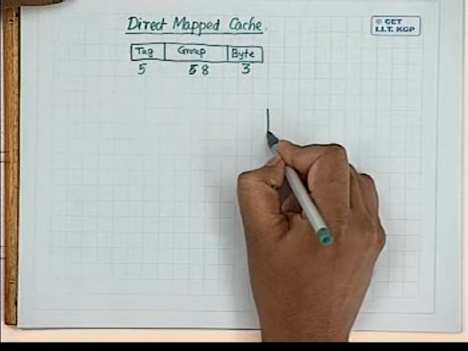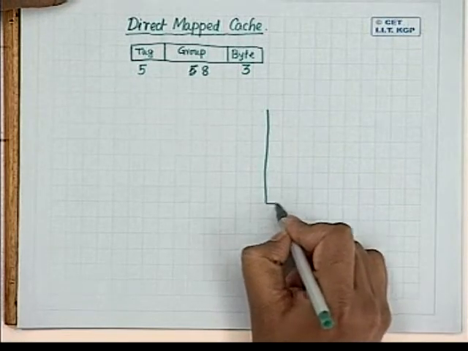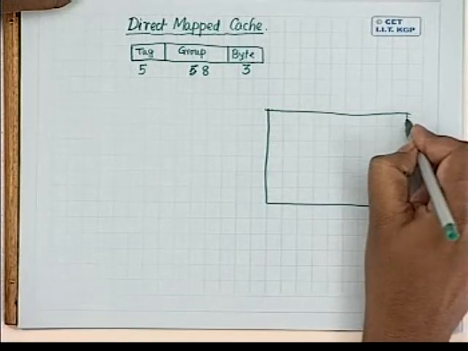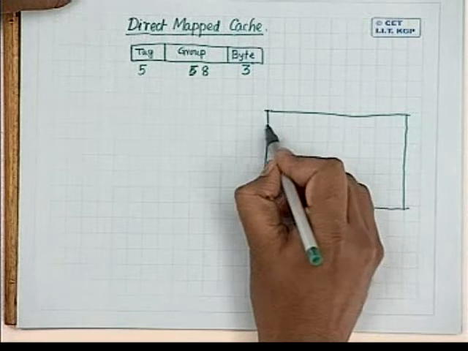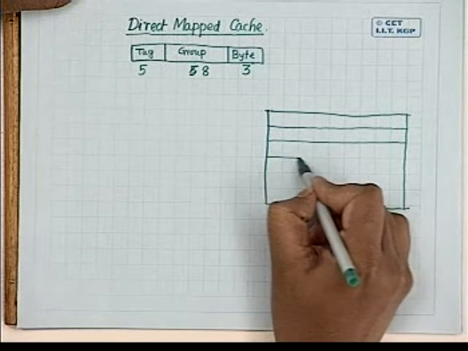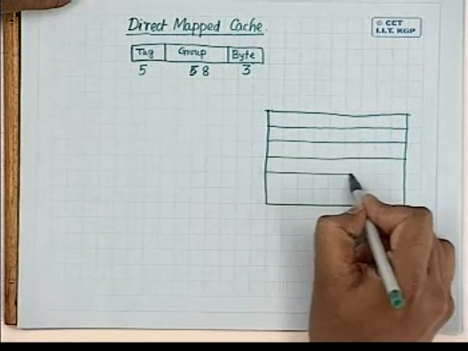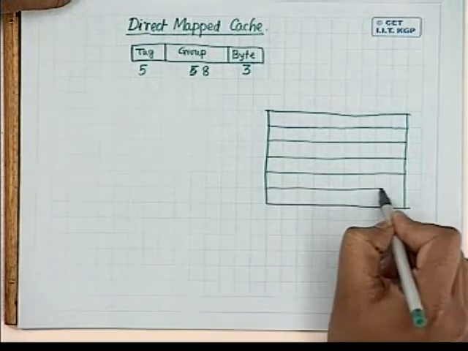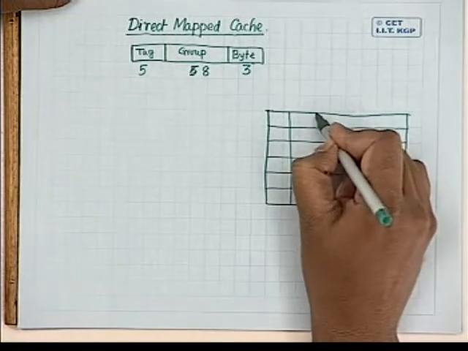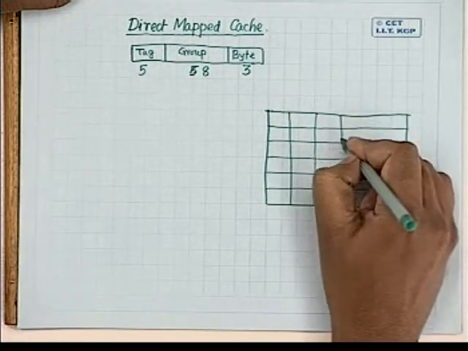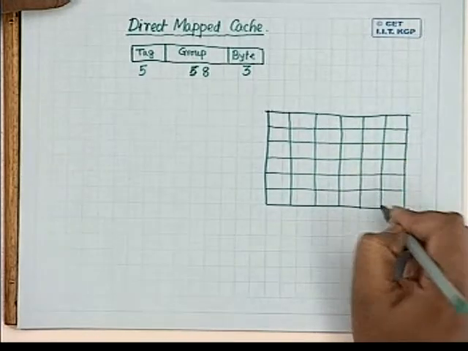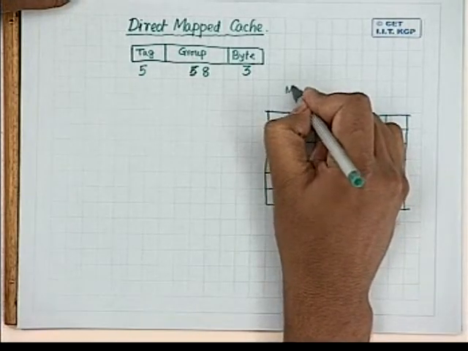So something like this. So these are the main memory blocks.